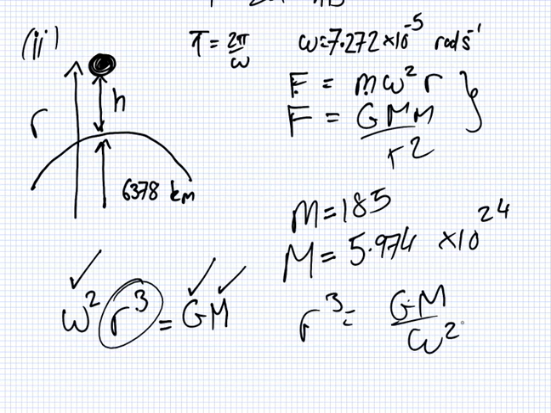That's 6.67 times 10 to the minus 11 times 5.974 times 10 to the 24, divided by omega, 7.272 times 10 to the minus 5, squared, and then cube root.